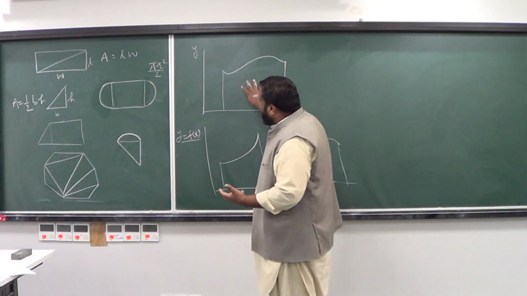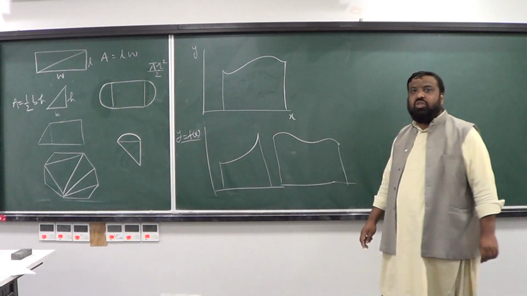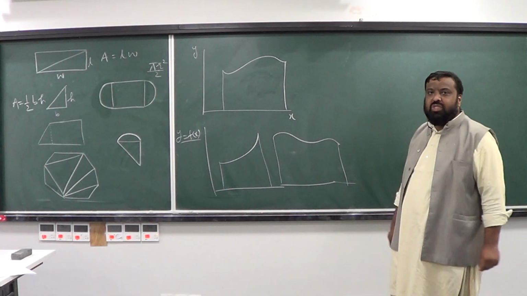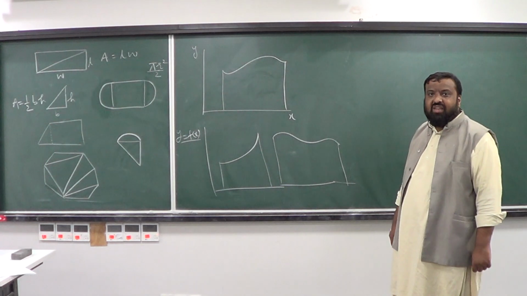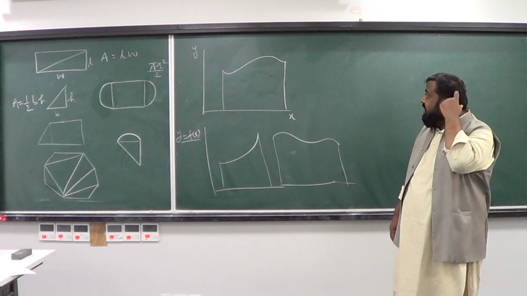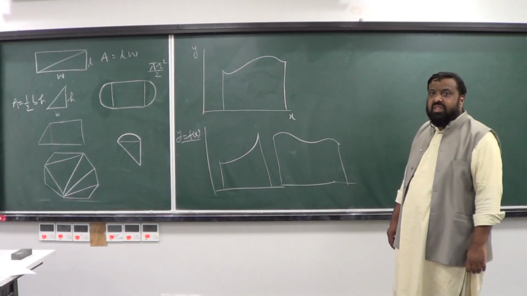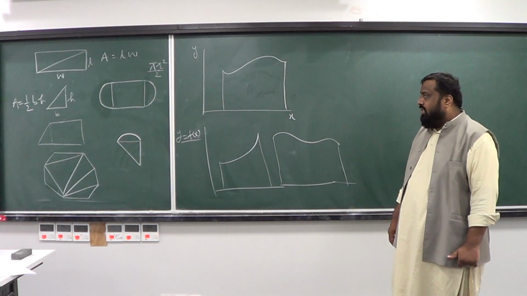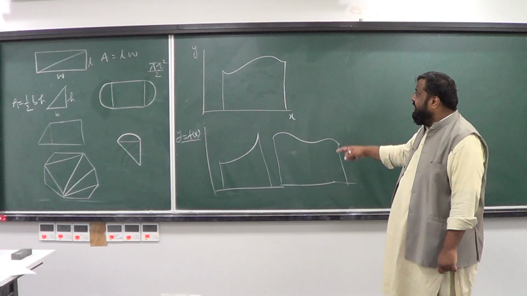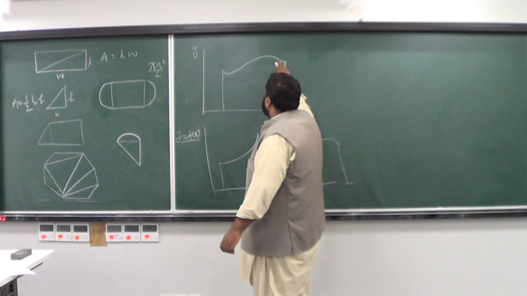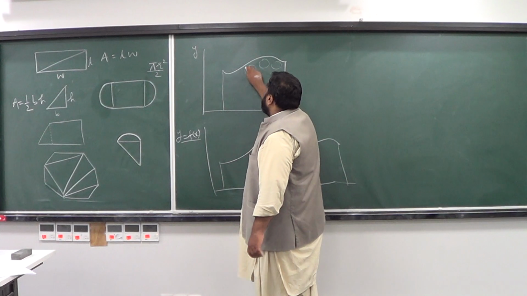Can I break these pictures down into pieces whose areas are easily computable? And the answer is, what picture are you going to choose? Are you going to choose, for example, a circle? Do you like to fill this with circles?